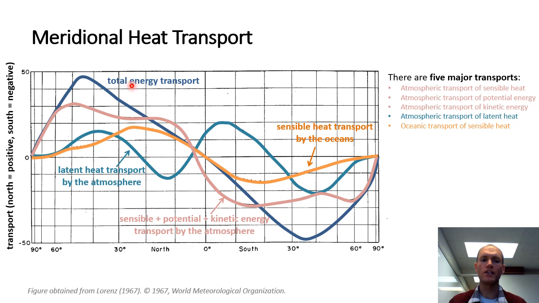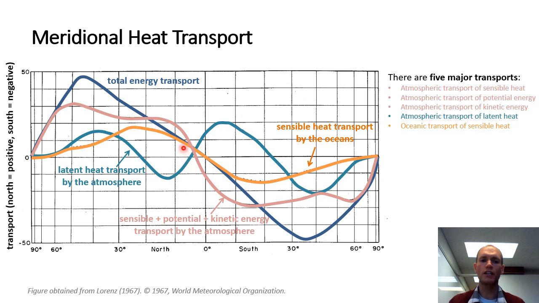So if we orient ourselves with the total energy transport here, it passes through 0 right at the equator, and it has positive values in the northern hemisphere and has negative values in the southern hemisphere. They peak around 40 to 50 degrees north latitude in the northern hemisphere and 30 to 40 degrees south latitude in the southern hemisphere.